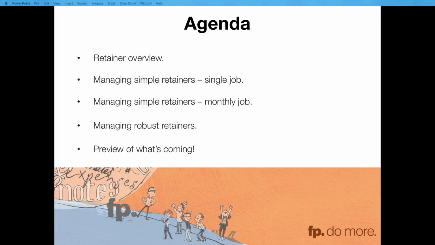And then the other form of simple retainer, having a monthly job, so a job that represents each month of the year, and again, time tracking and invoicing from that. And then we will follow that with managing our robust retainers. These are retainers where you could have multiple deliverables within this retainer that your client is requesting. So again, we will review all of this in greater detail.